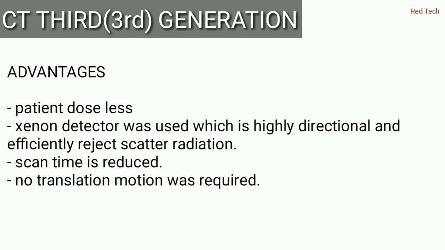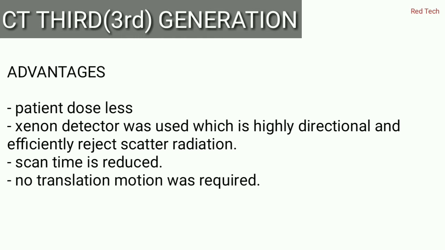Now let's talk about the advantages. Patient dose is less, and xenon detectors were used, which are highly directional and effectively reject scatter radiation. As the number of detectors increases, the scan time is reduced. As we have seen in the second generation, as the number of detectors increased, the scan time reduced to 10 seconds.